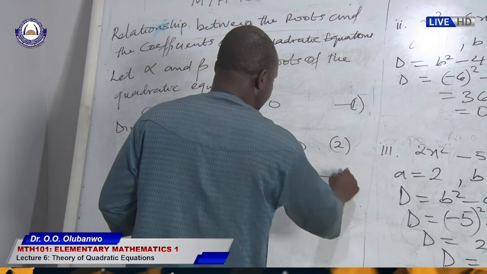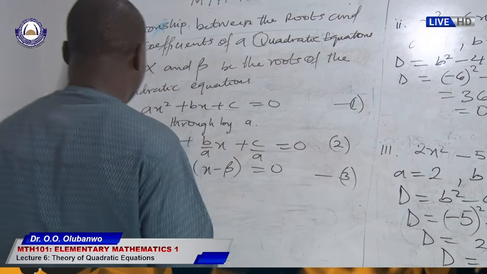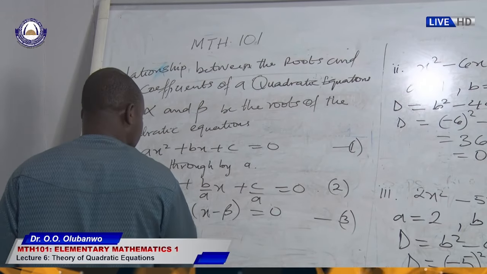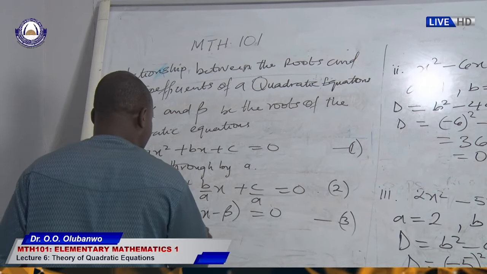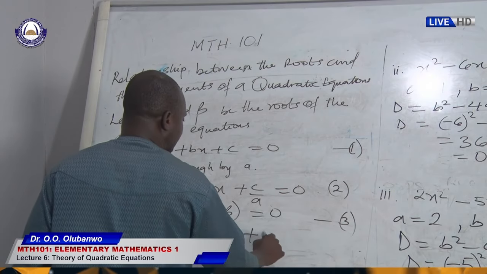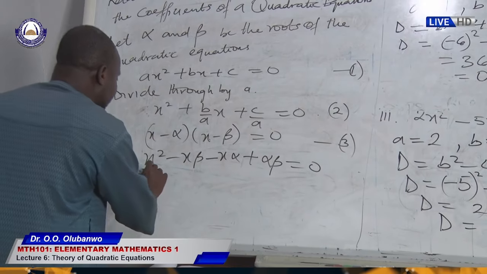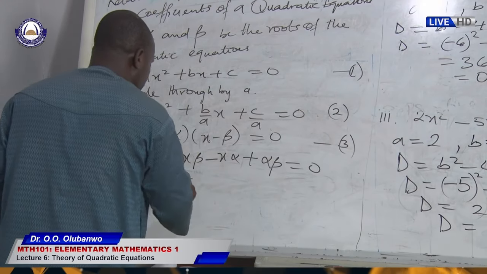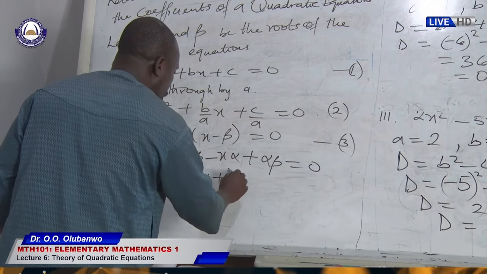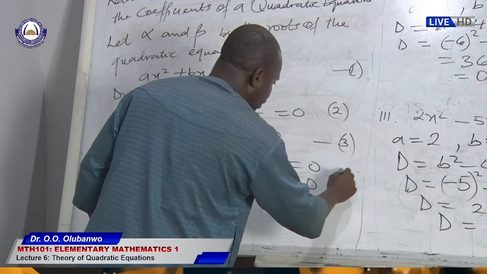Label this as 3. Because alpha and beta are the roots of the equation. Now, let's multiply. We have x squared minus x beta minus x alpha plus alpha beta equals 0. I will write it as x squared minus into brackets alpha plus beta all times x plus alpha beta equals 0. Label this as equation 4.